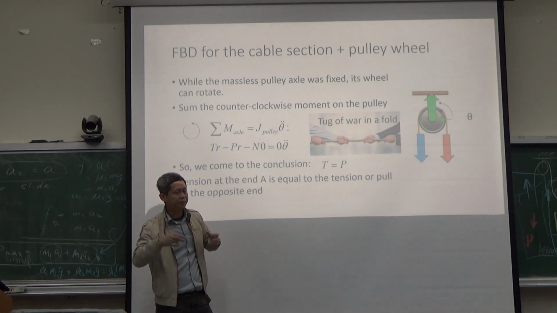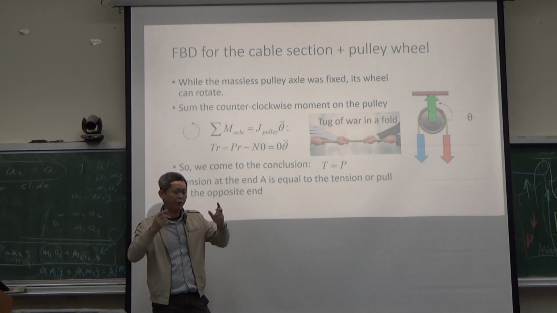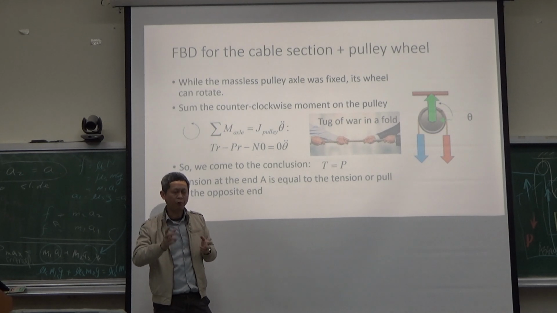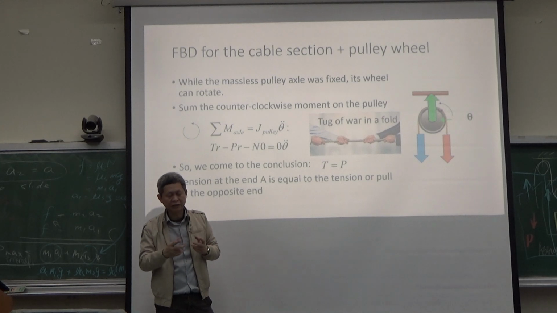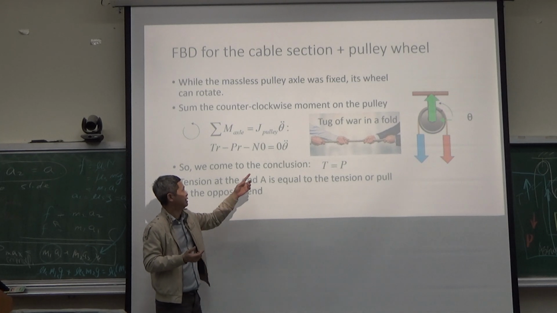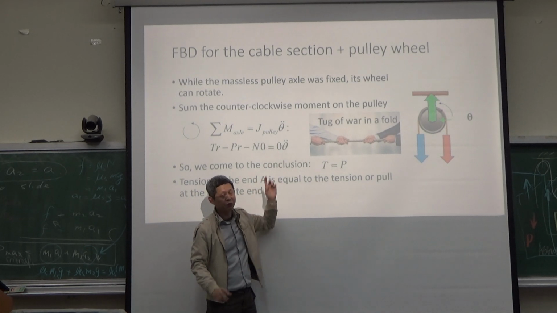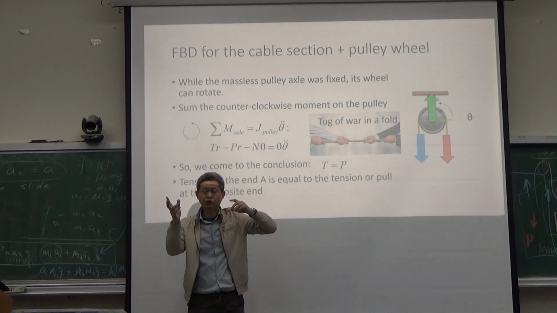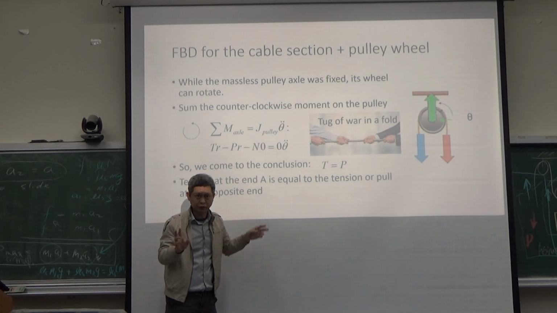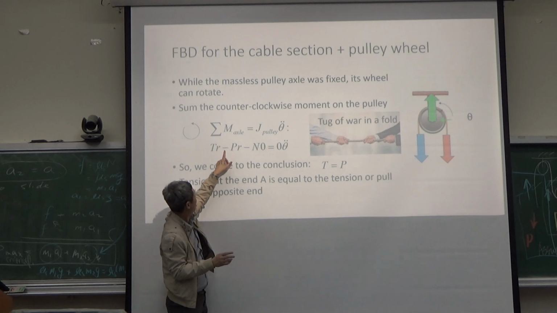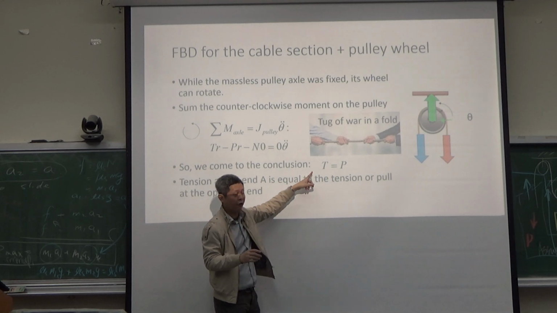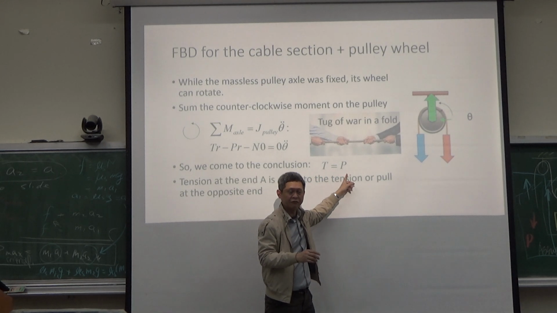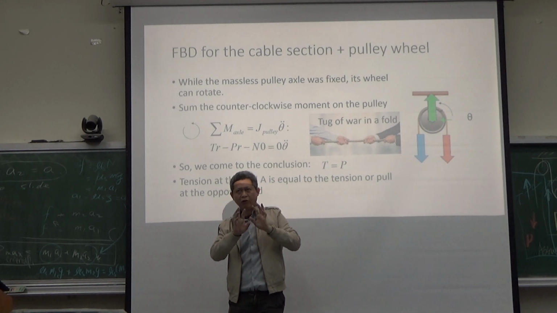If this cable is used for the robotic arm, and the robotic arm has to turn the arm fast, and if the pulley has mass, the J pulley that we're going to introduce later is not zero, then the transmitted force on the left hand side and the right hand side of the cable are not equal.